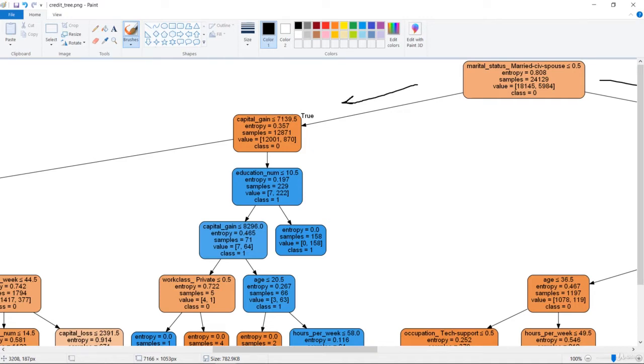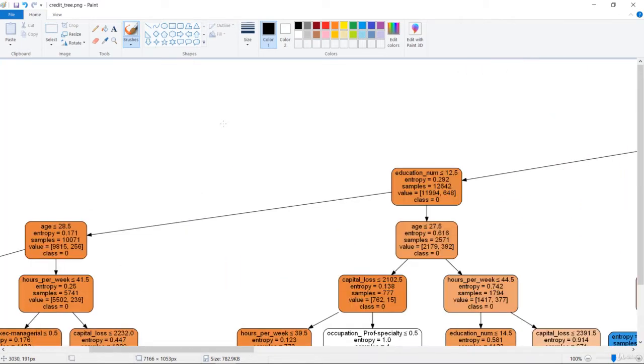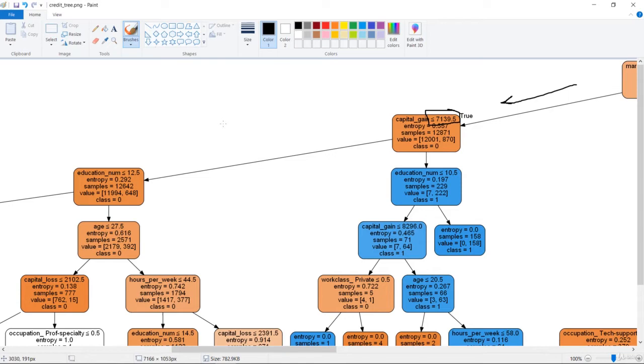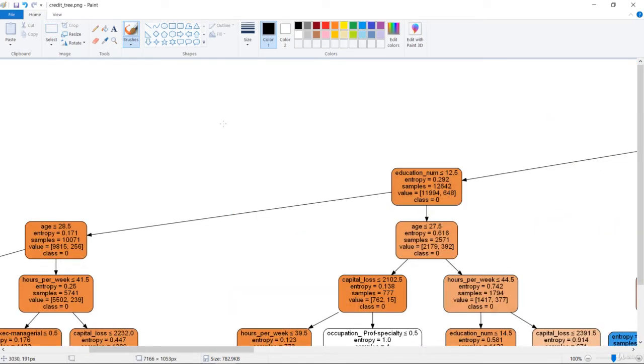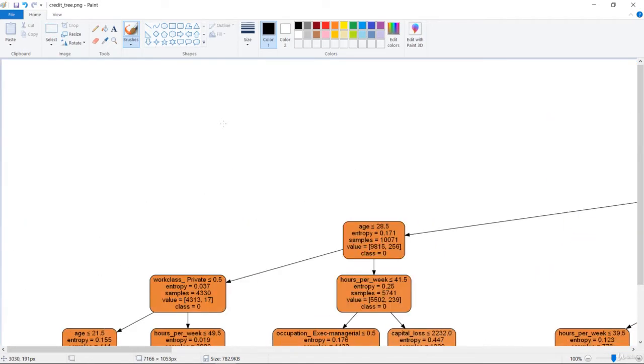Then we will ask another question. Is the capital gain for this specific person less than 7,139 or not? If yes, then we are going to ask about the educational number, and then we are going to ask about the age, and then we are going to ask about the work class, and so on.